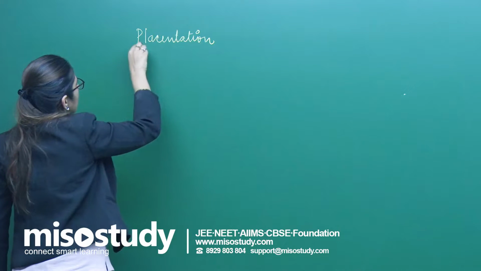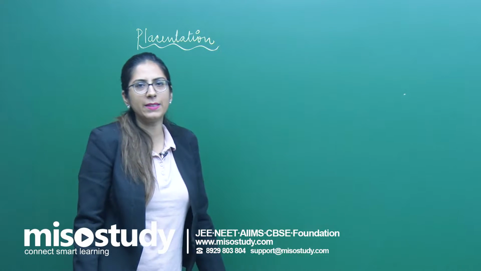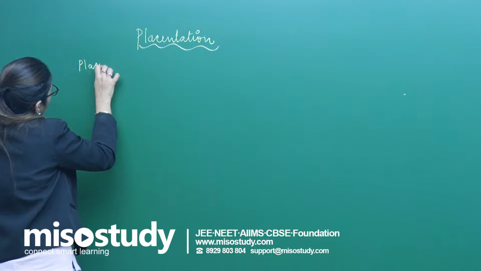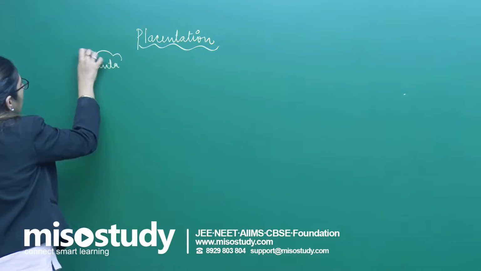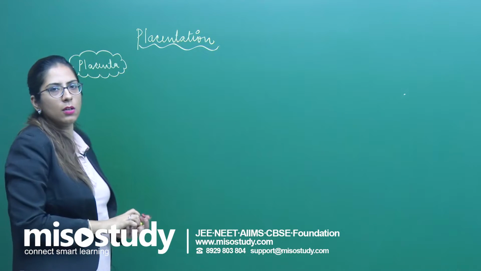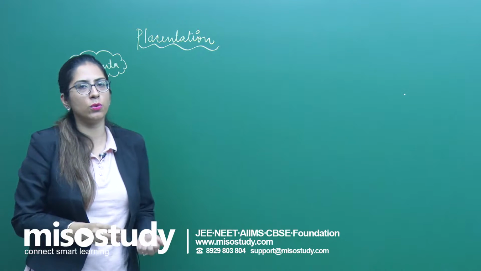Now, what is placentation? You all must have heard about the placenta. Listen very carefully. What is placenta? Placenta is a parenchymatous tissue which is present in ovary, right? And that is used for the attachment of ovules to the ovary.